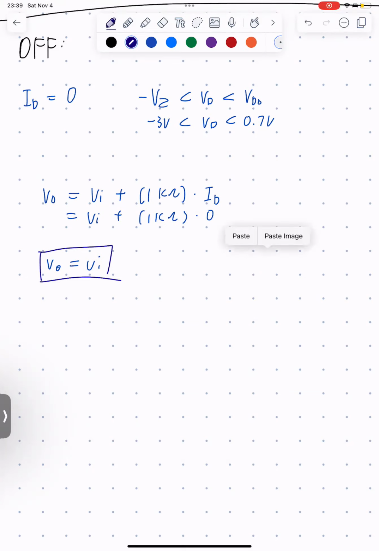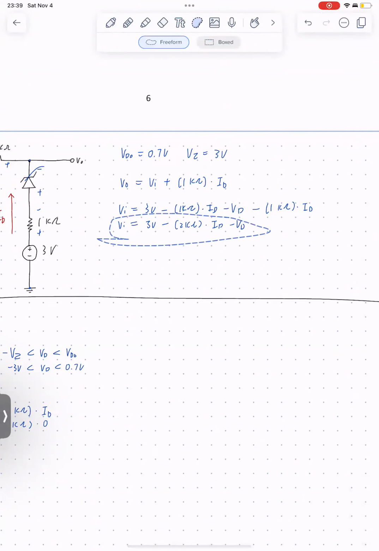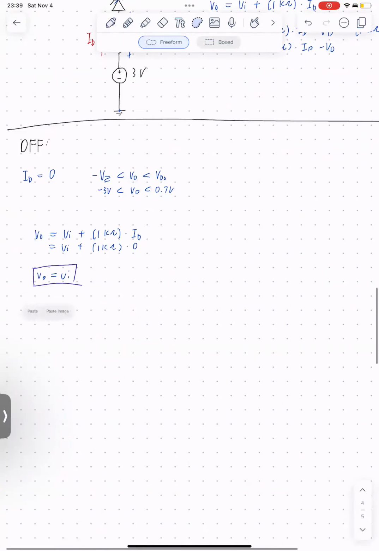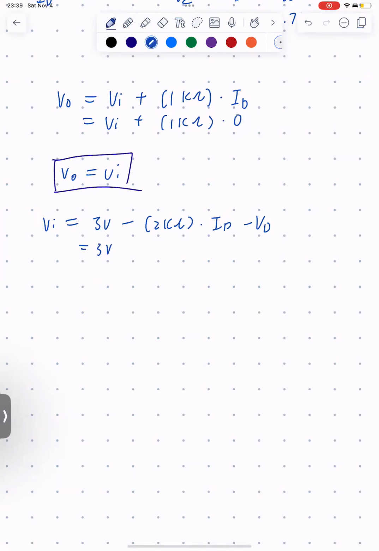Now moving on, we want to find the condition. Let's copy our second equation that expresses VI with VD. Let's sub in ID, and then this will be gone, crossed out.